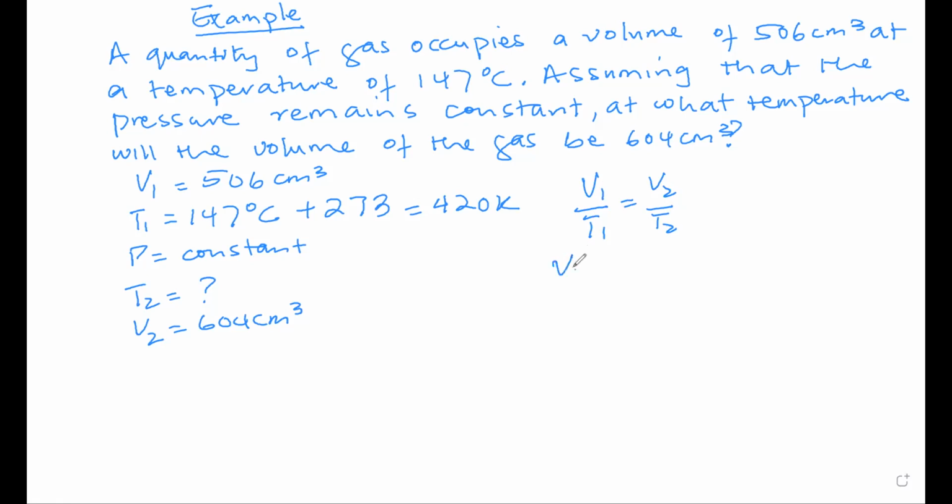So we cross multiply: V1 T2 equals V2 T1. We want to isolate T2, so we divide by V1.